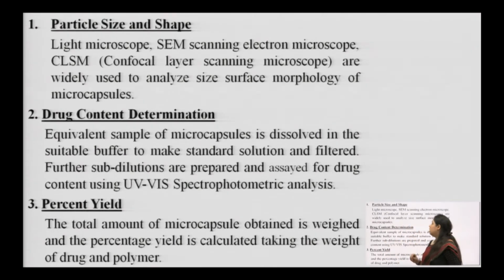So, drug content determination, how can we check it? It is a generalized procedure. It may vary from type to type depending on the type and nature of the drug you use. So, you can have a variety of procedures for drug content determination. If you talk about oral delivery of microspheres, then you will use gastric fluid or lumen conditions, right.